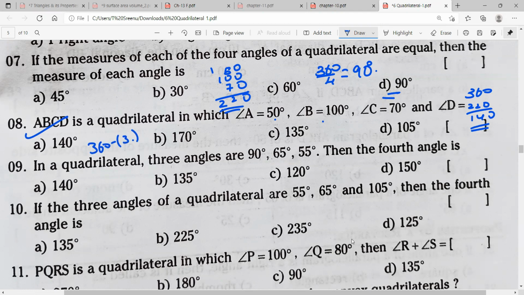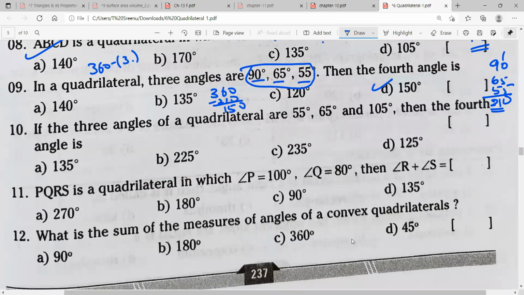The same for this one also: 90, 65, 55. 90 plus 65 plus 55, how much is it? 210. 360 minus 210, how much will you get? 150. Okay. You add these 3 angles and subtract from 360 degrees.